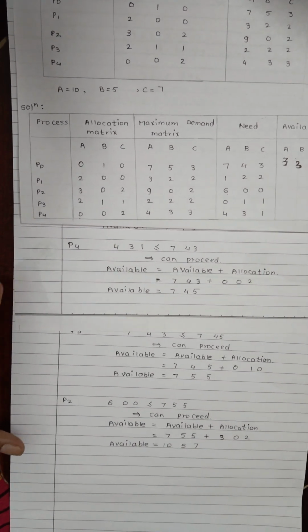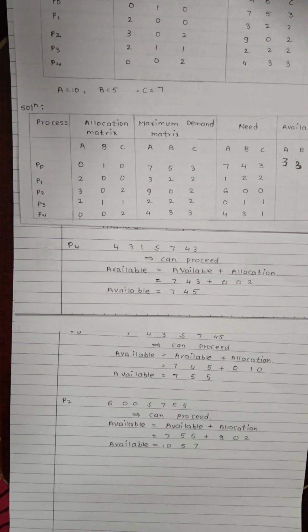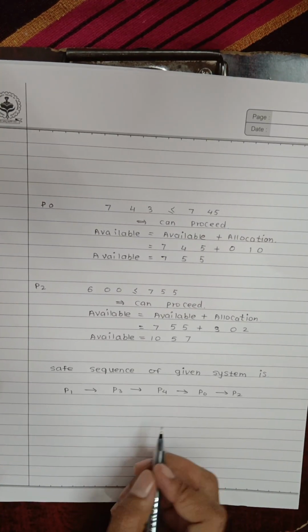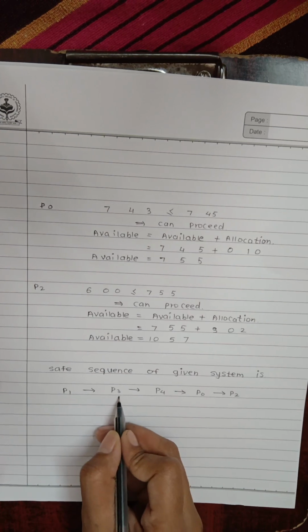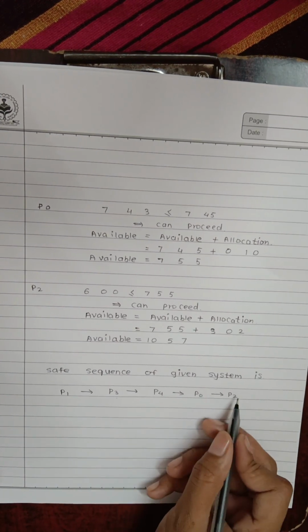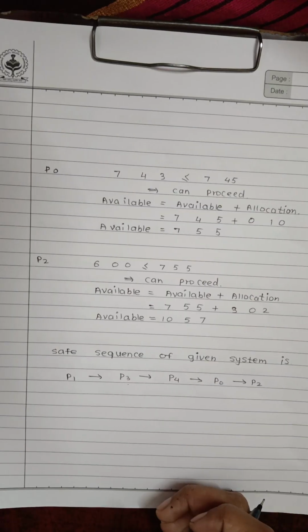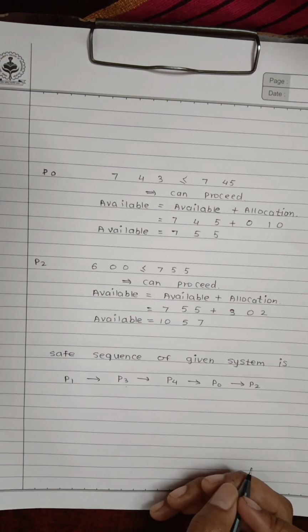Updated available is 10 5 7. The safe sequence of the given system is P1, P3, P4, P0, P2. The given system is in the safe state.